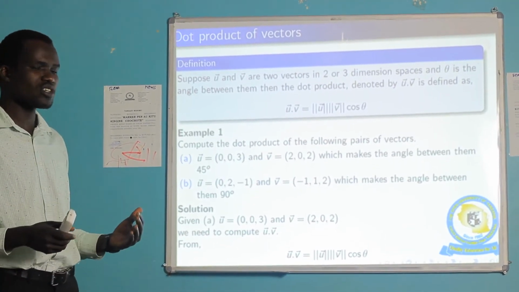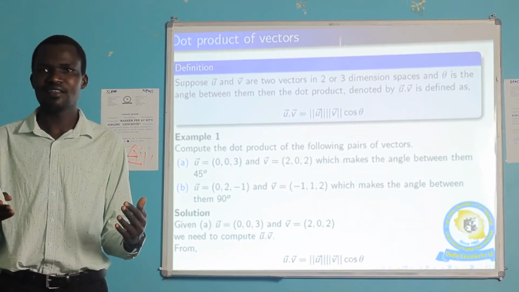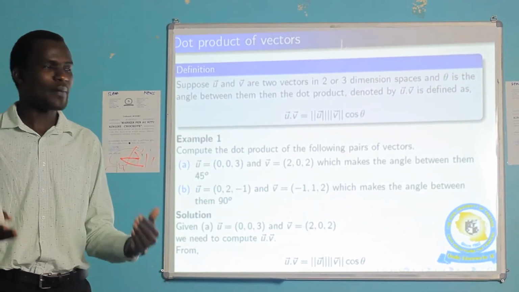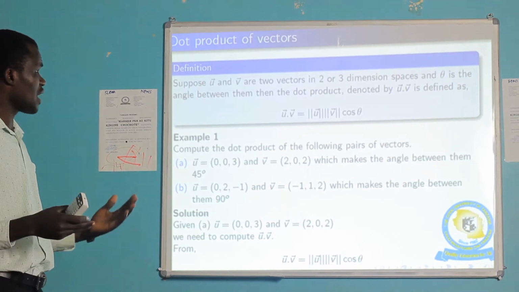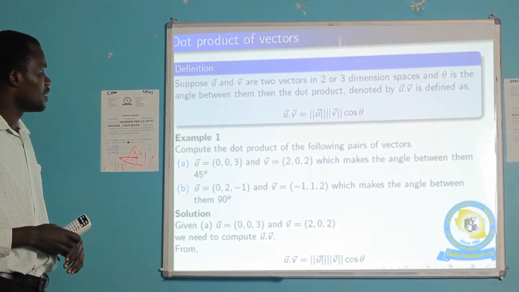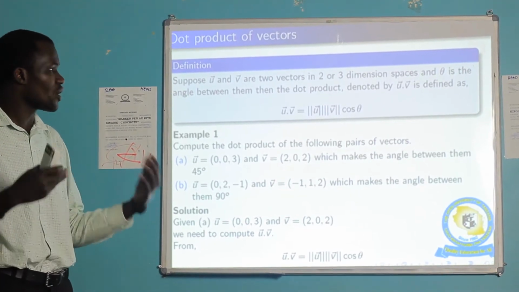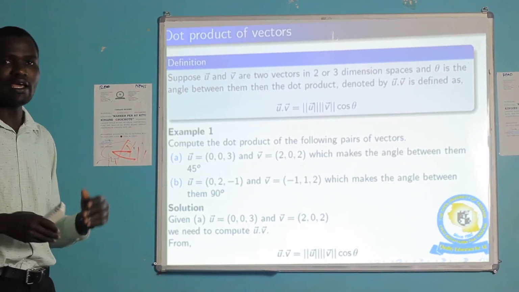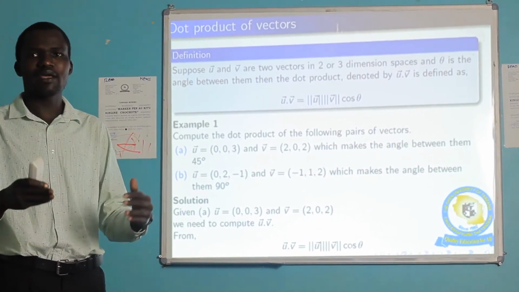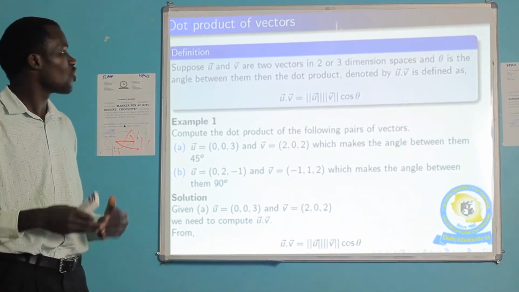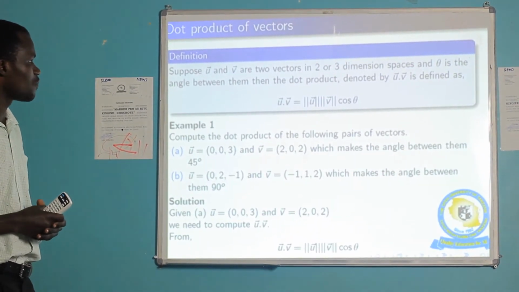And here we are going to see just the vectors in 3 and 2 dimensions. Suppose you have u and v. These two vectors may be in either 2- or 3-dimensional space. And they make an angle between them called angle theta.